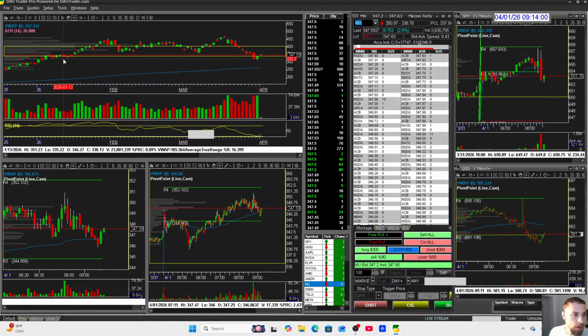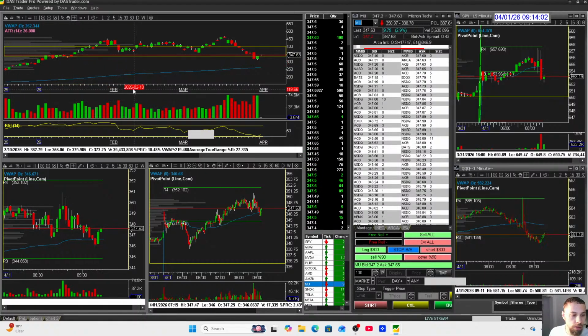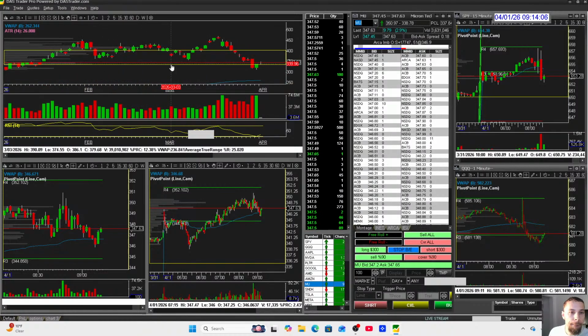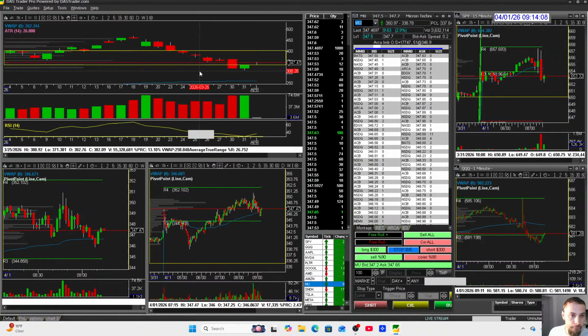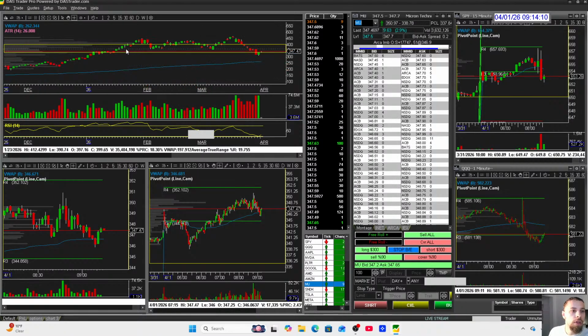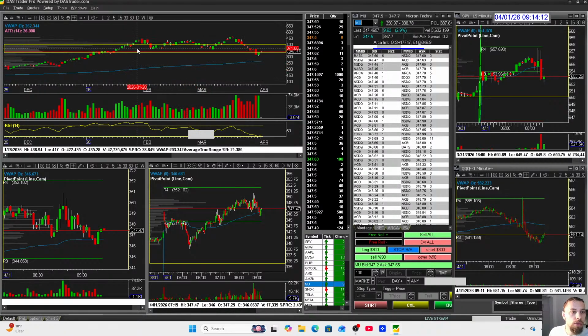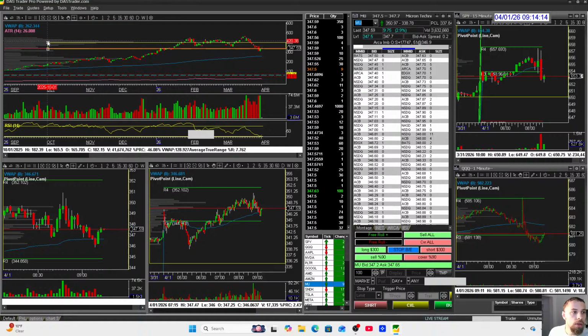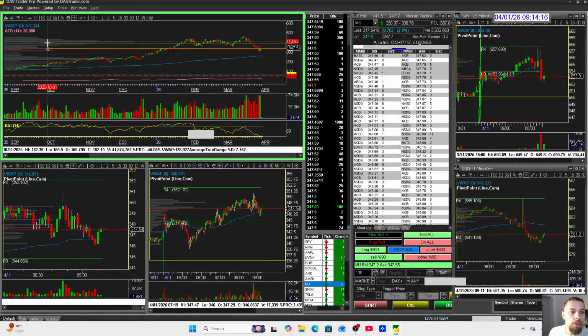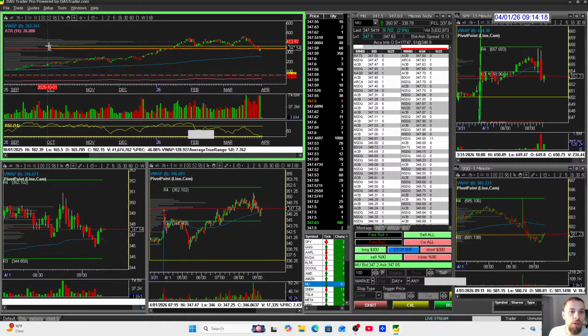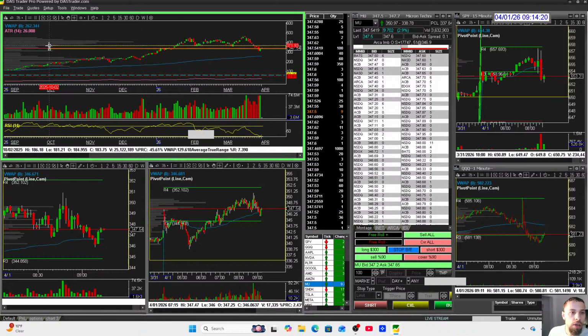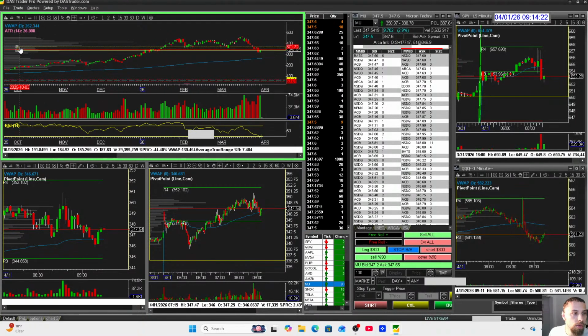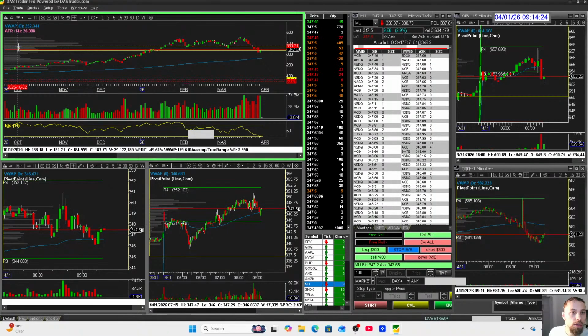Where we marked for support here is I think a good area. And then resistance. Can bring this down a little bit. There's lots of liquidity happening around that level of resistance.